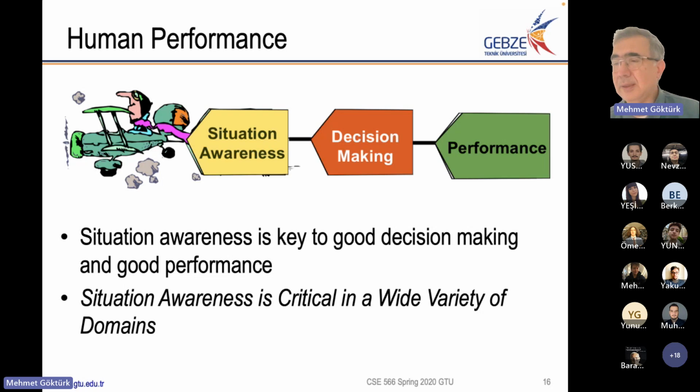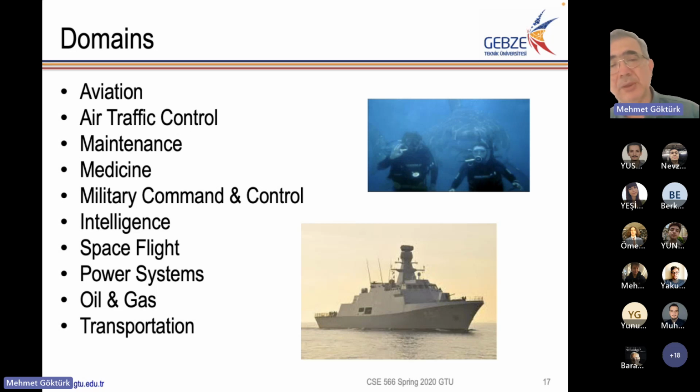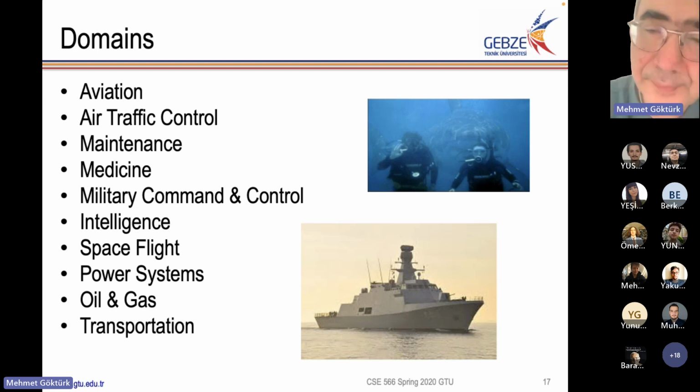It's critical in a wide variety of domains as follows: in aviation, air traffic control, in the army, maintenance, military command and control, intelligence, space, power systems, oil, gas, transport. Everywhere there will be complex systems, and if you have problems with situation awareness interface, then you will have problems.